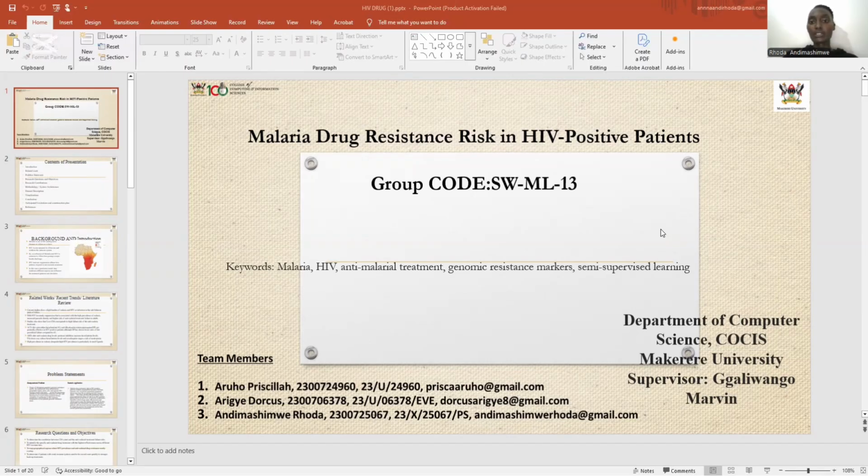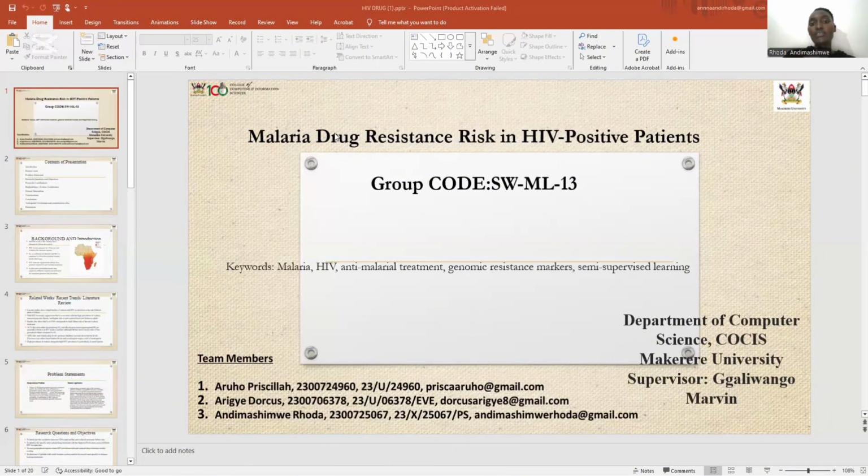We are going to be talking about malaria drug resistance risk in HIV positive patients. What this means is that these malaria parasites become resistant to the antimalarial drug. This is because they keep on mutating, and when you increase the pressure you're putting on them, that is the drugs that you give them, they eventually become resistant to that drug.